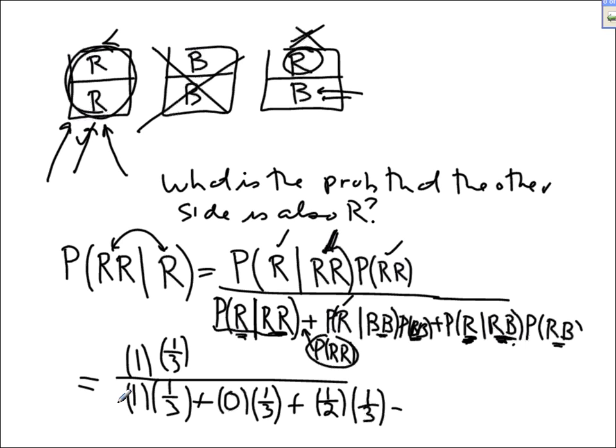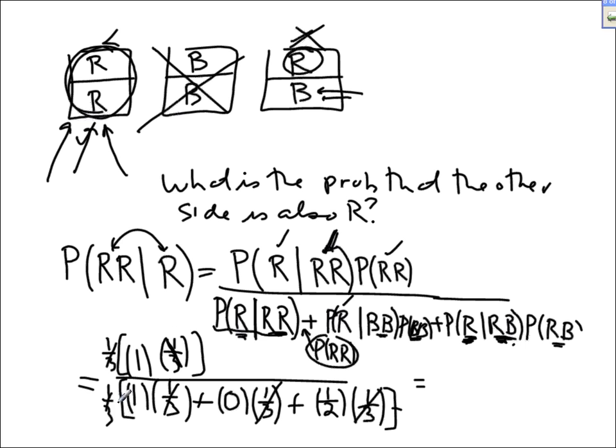Okay, so if you notice, I can factor 1/3 out from the top, and from the bottom. Each term has 1/3, I can factor it out, and the thirds actually cancel.